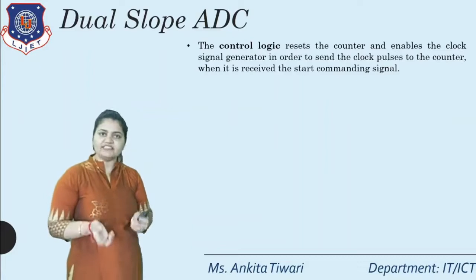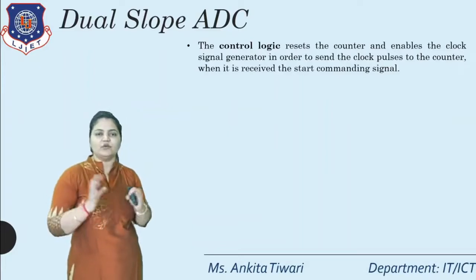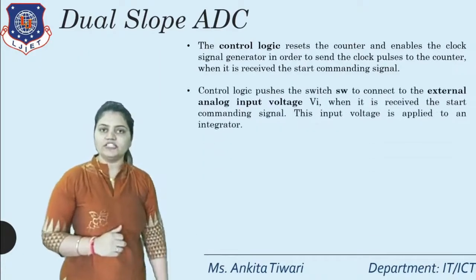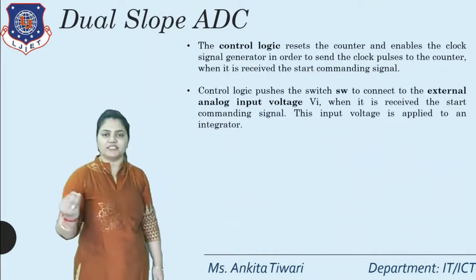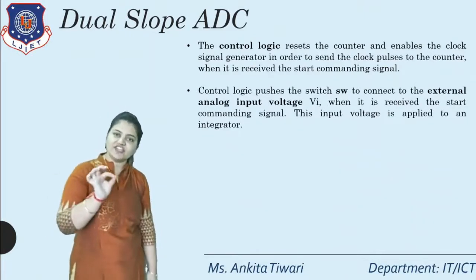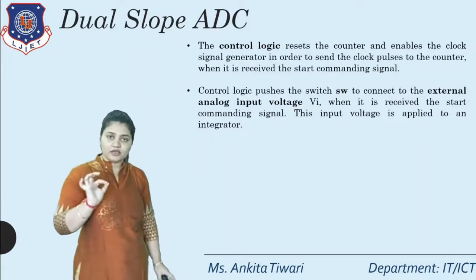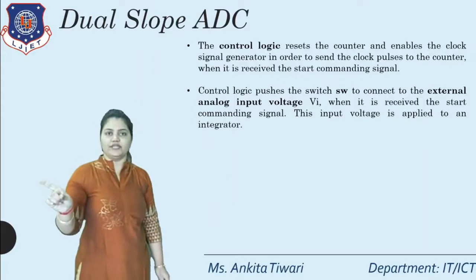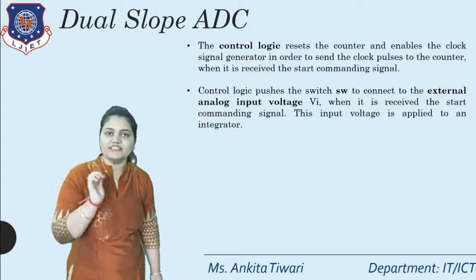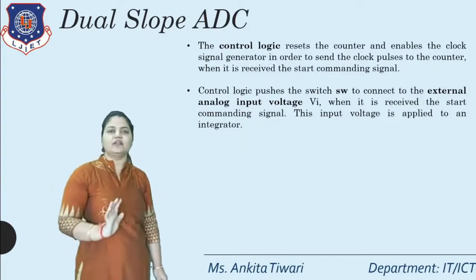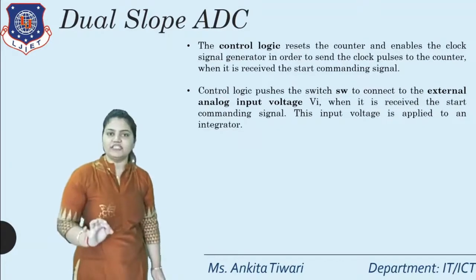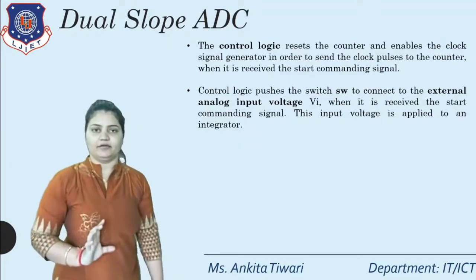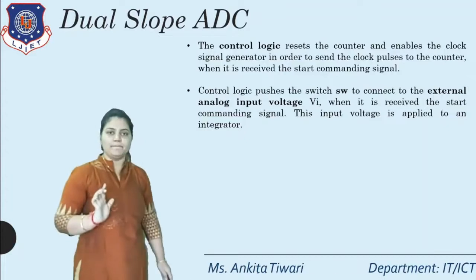Whenever the start command signal is received, the control logic pushes the switch SW, which is provided in the circuit itself, and which is connected to the external analog input voltage, that is VI. When it is received, the start command signal will start, and the input voltage is applied to the integrator. That is applied to the comparator.